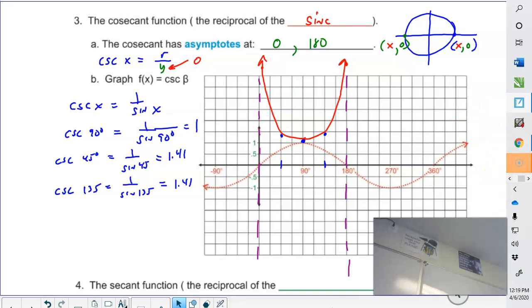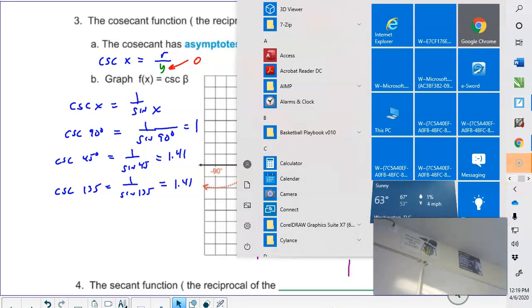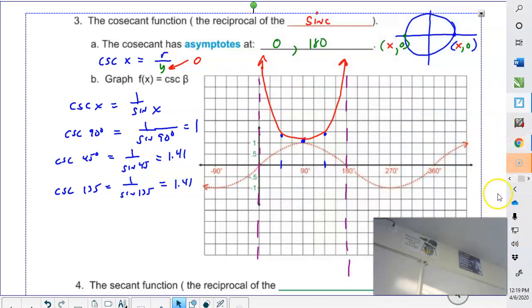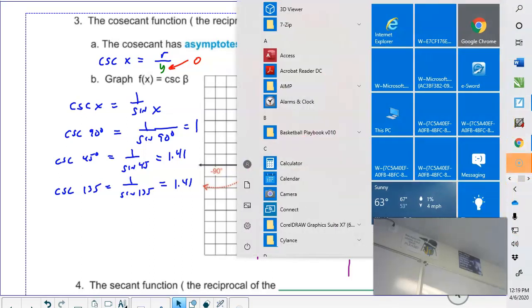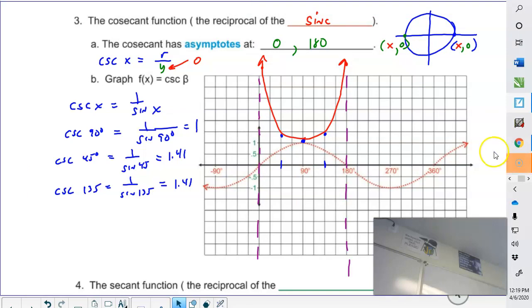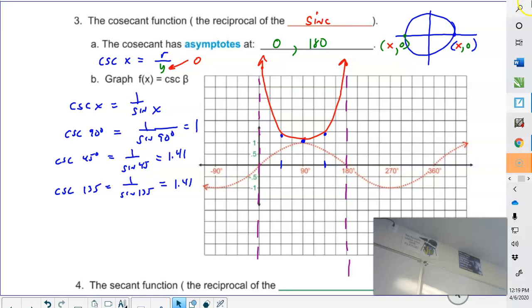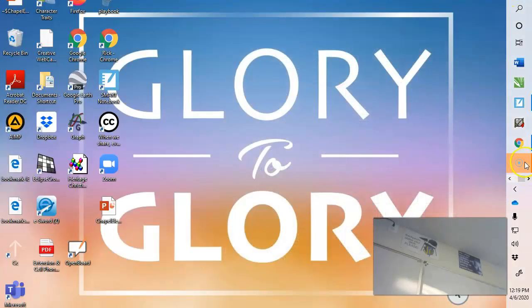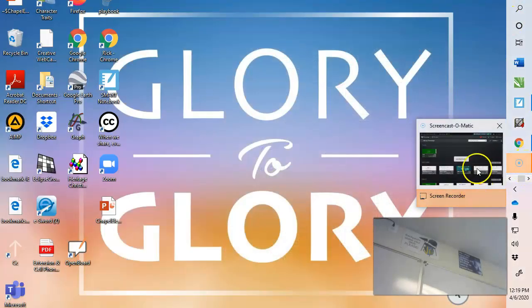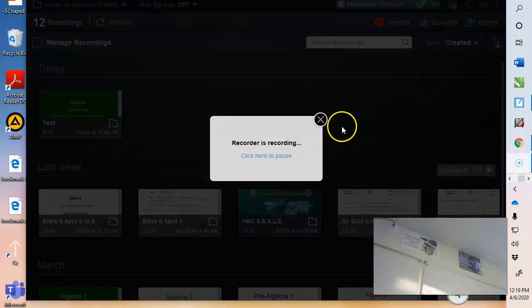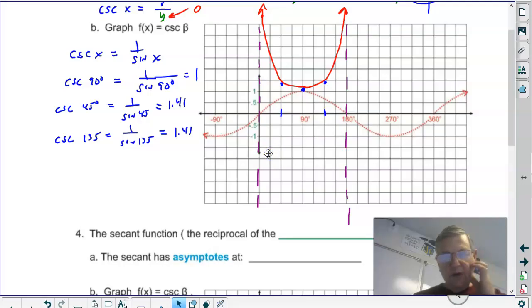Let me get rid of my 3's. Let me try my Windows button and see if that will get rid of all that. Oh, now it's back again. Go away, please. Why is this coming up? All right, sorry about that.